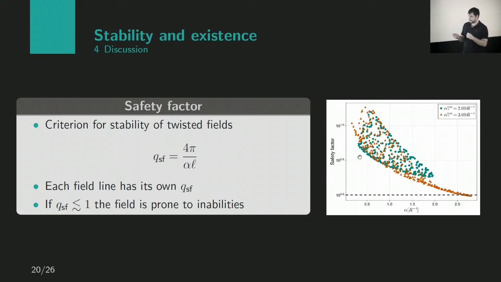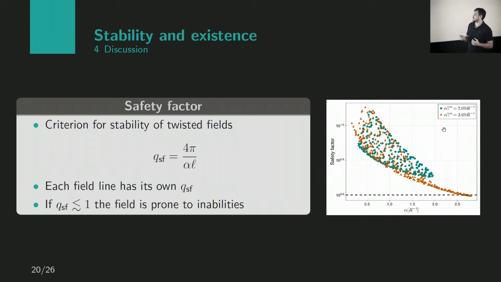So we did this for some of the models that we have. All the models that we qualify as stable, like the blue ones here, have indeed safety factor bigger than 1 for all the field lines. Here we only plot the most twisted ones, but essentially this happens for all of them.